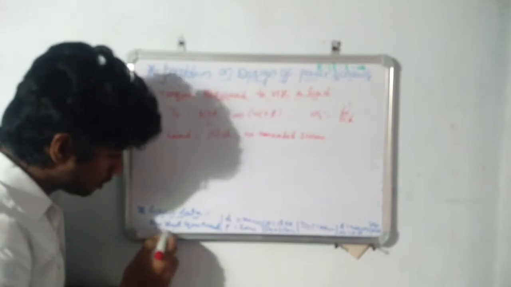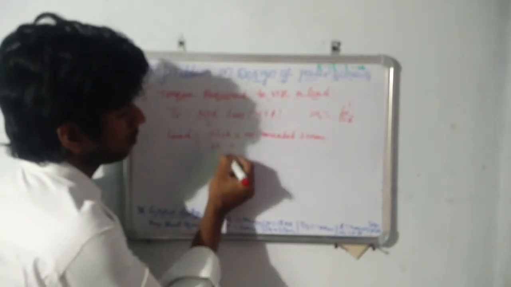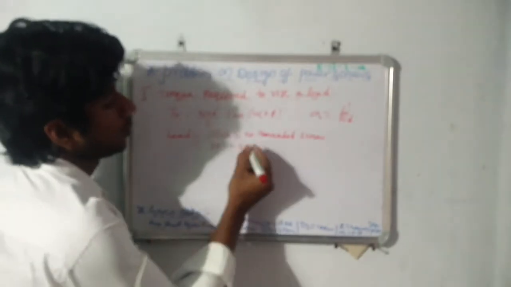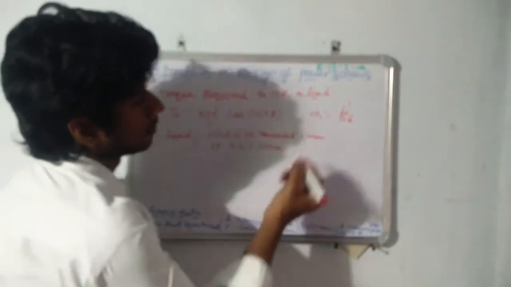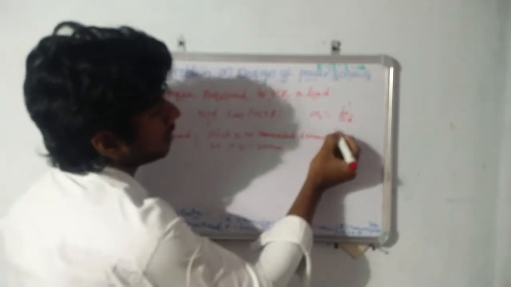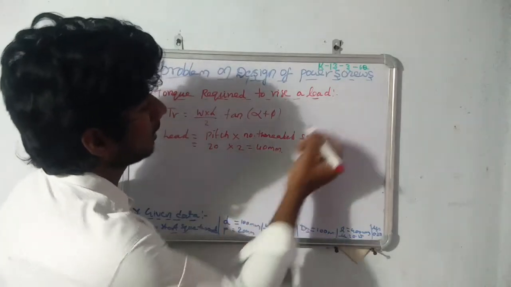It is a two-start square thread. So here we know the pitch, 20 into 2, we get the lead equal to 40 mm. By substituting this value, we get alpha.